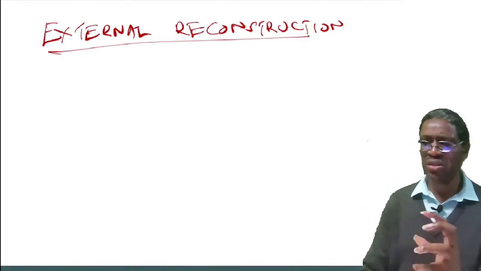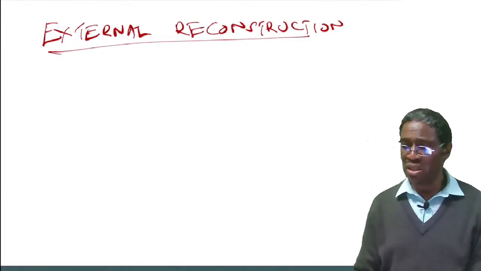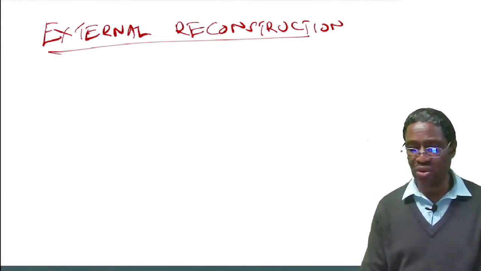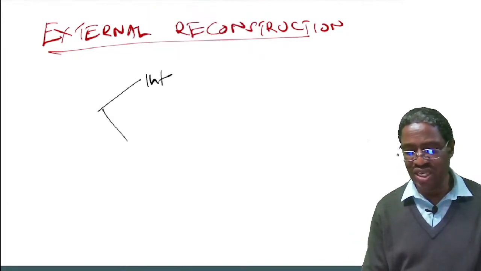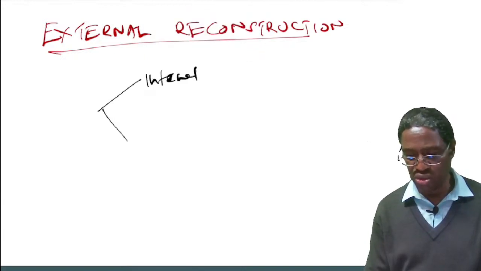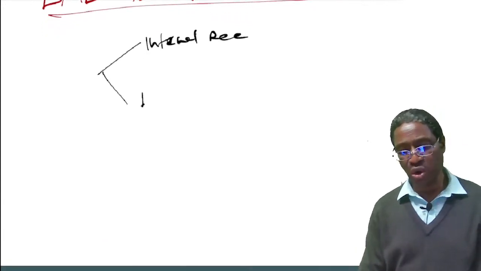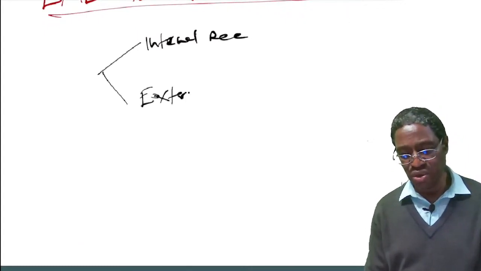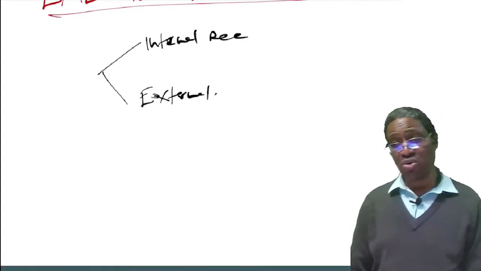And we said there are two ways in which you can reconstruct a company. One way is through what we were calling internal reconstruction, and the second way is through what we call external reconstruction. We have already covered the internal reconstruction.